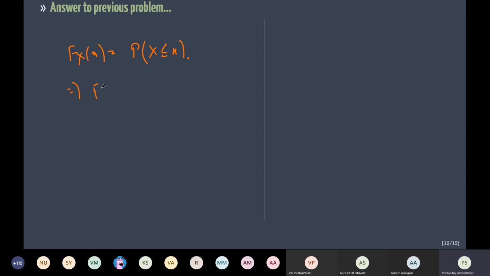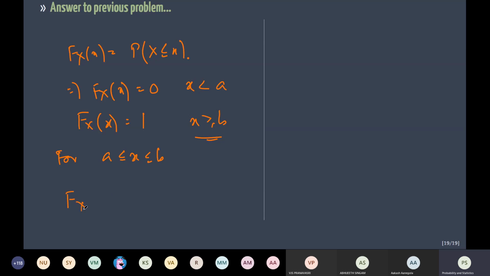So F_X(x) will be 0 for x less than a, and F_X(x) is 1 for x greater than or equal to b, because outside that it's the whole sample space. And for a less than or equal to x less than or equal to b, F_X(x) is the probability that X is in [a, x], which is (x minus a) divided by (b minus a).